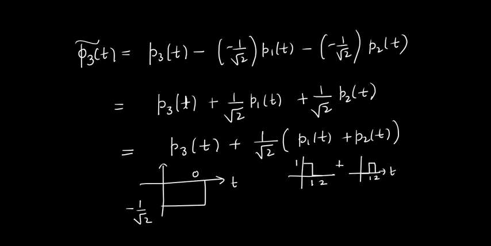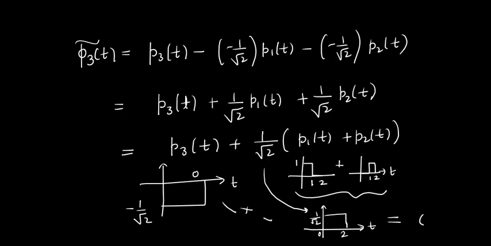So, if you sum them, it will be this. Yes. Now, you scale it, it will be 1 by root 2, right. And then you sum these two, you will have 0, right. So, phi 3 tilde t is 0.